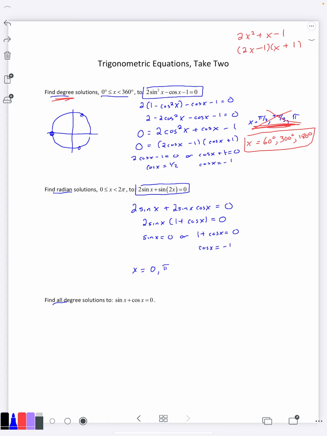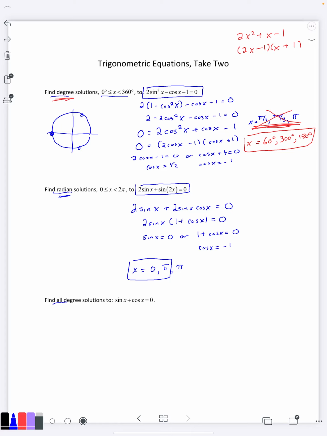Cosine x is negative 1 happens to also be at pi. I can write it down a second time, but it's not really going to accomplish anything. And so really we only have two solutions, 0 and pi. This time they did want radians, so I'm right. I don't have to go and change anything here. And that's your answer.